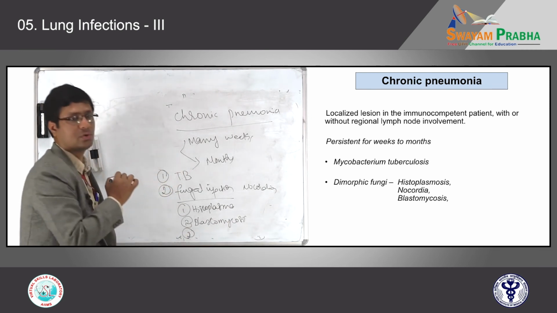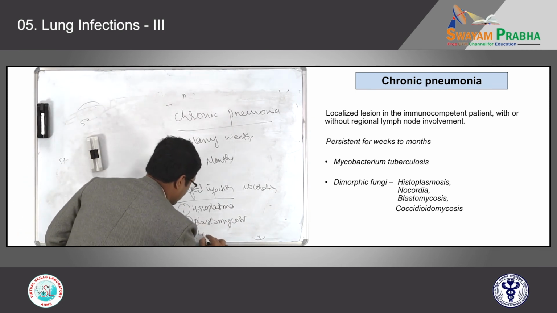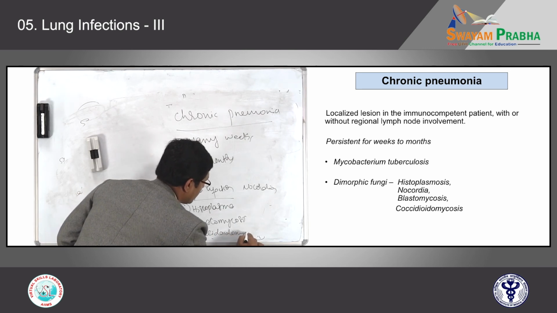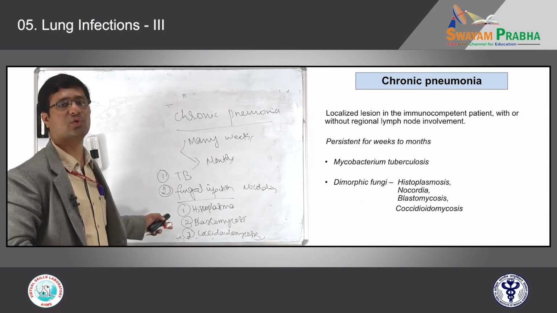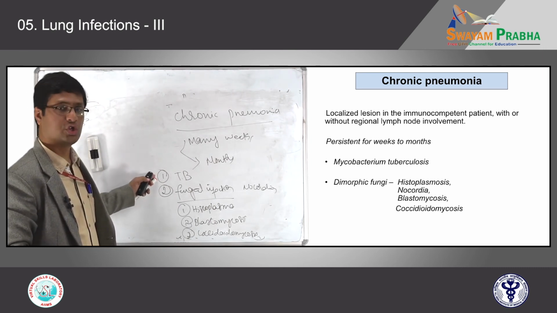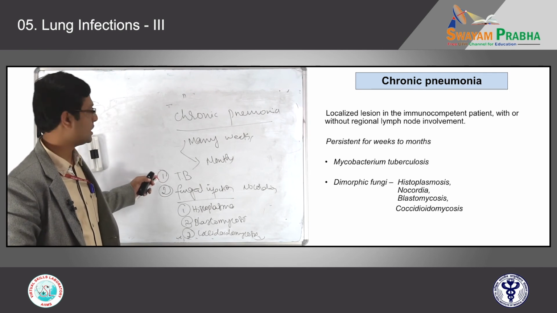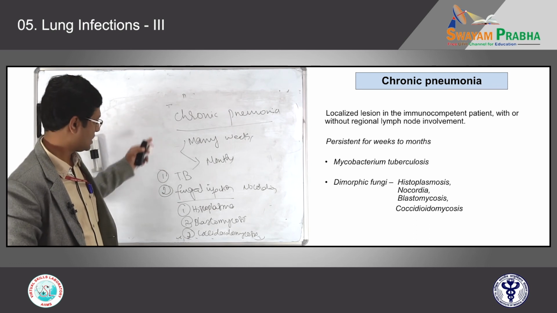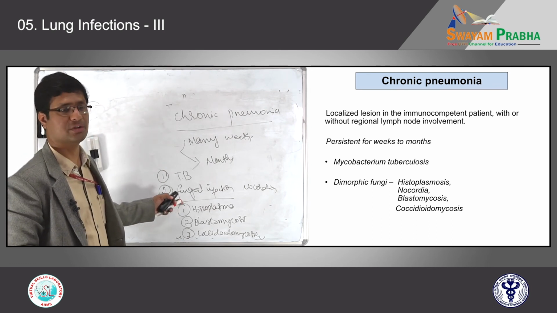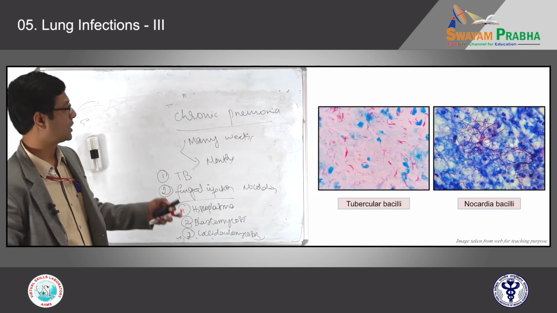Number 3, coccidioidomycosis. So these are the common organisms which cause chronic pneumonia. I repeat, tuberculosis in the Indian setup and developing countries is one of the most common causes of chronic pneumonia, and the rest are fungal infections. Okay.